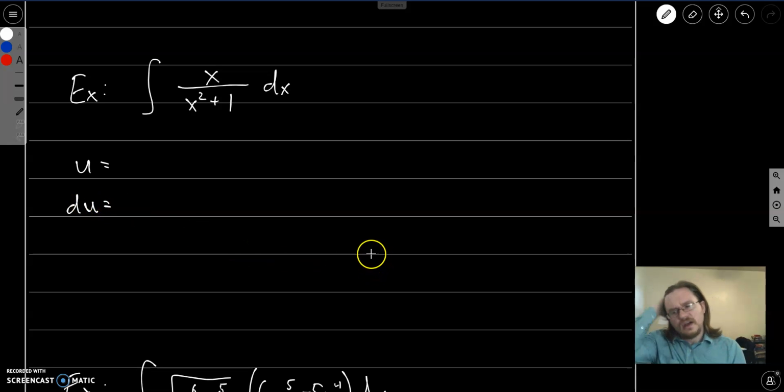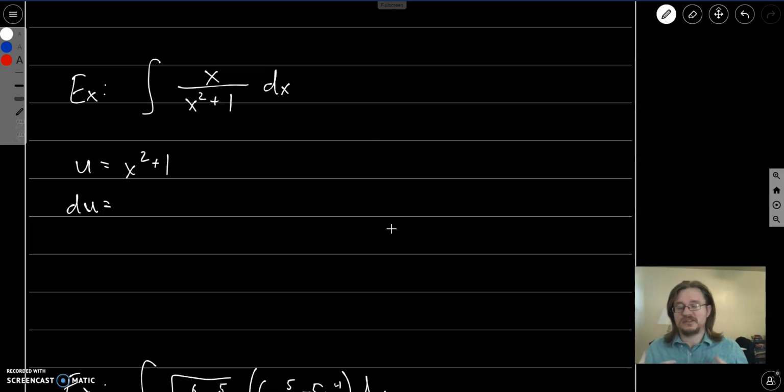So we could try to make this entire fraction, x over x squared plus 1, our u. And what you'll notice is that if I were to try to do that, I'm going to have to find du by taking the derivative of that, and it won't quite work out. The trick here will be to take the x squared plus 1 and call that our u.